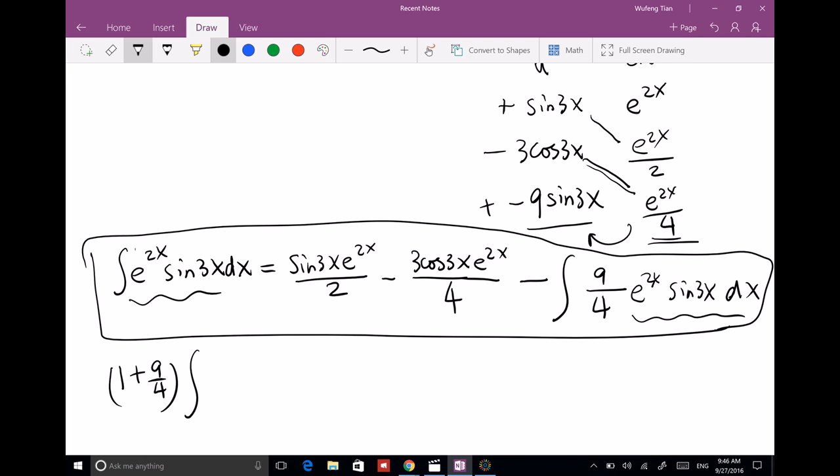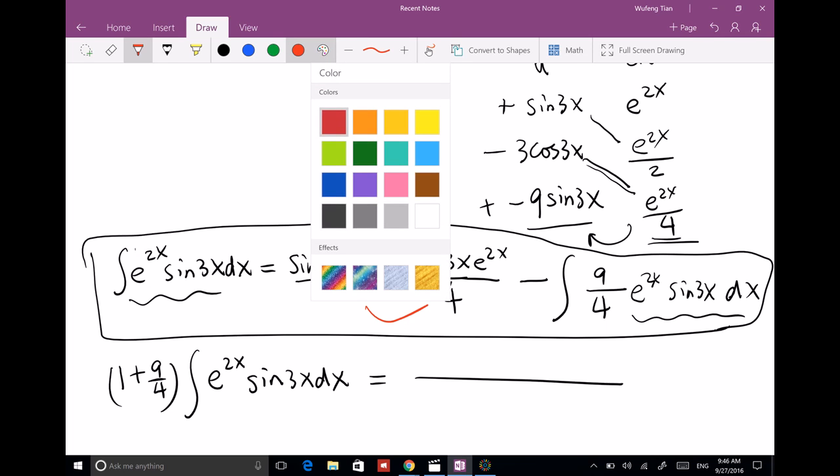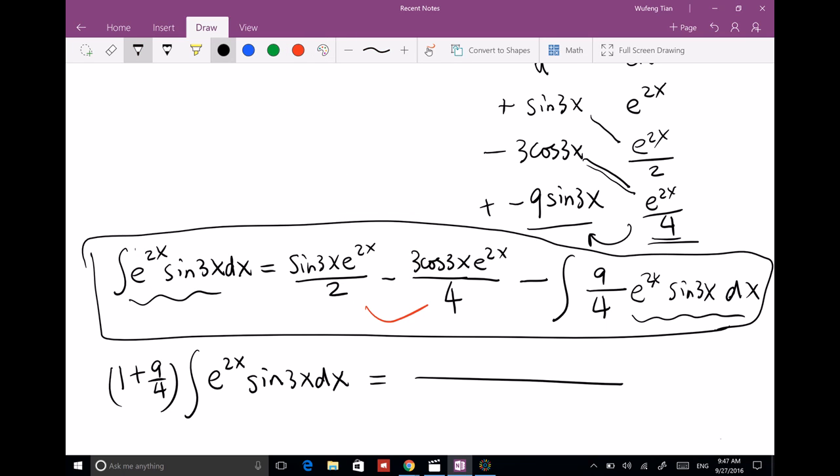There's 1 here. Okay. So it's e to 2x sine 3x, bring it over, plus 9 over 4, dx equals, I can combine these two. You can combine the common denominator of these two. The common denominator is 4.